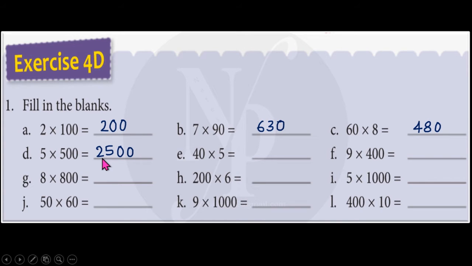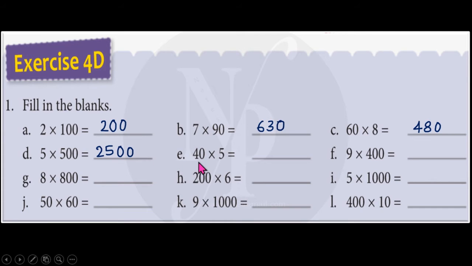Therefore the answer we get is 2500. That is when 5 is multiplied by 500 or 500 is multiplied by 5, we get 2500 as the product.